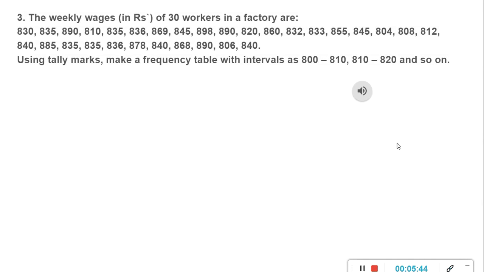Now third question. The weekly wages in rupees of 30 workers in a factory are 830, 835, 890, 810, 835, 836, 869, 845, 898, 890, 820, 860, 832, 833, 855, 845, 804, 808, 812, 840, 885, 835, 835, 836, 878, 840, 868, 890, 806, and 840.